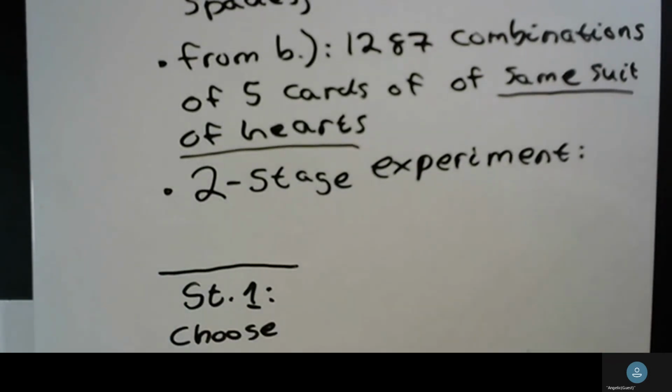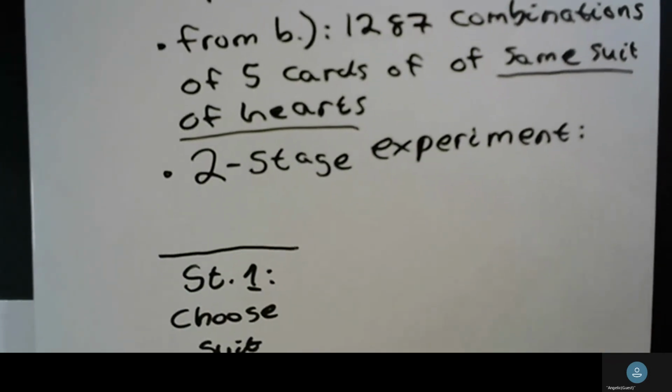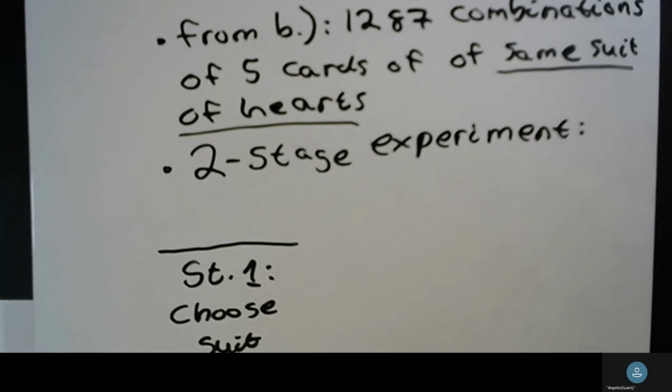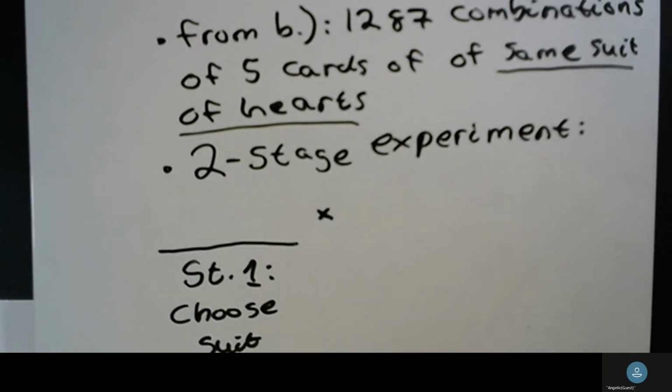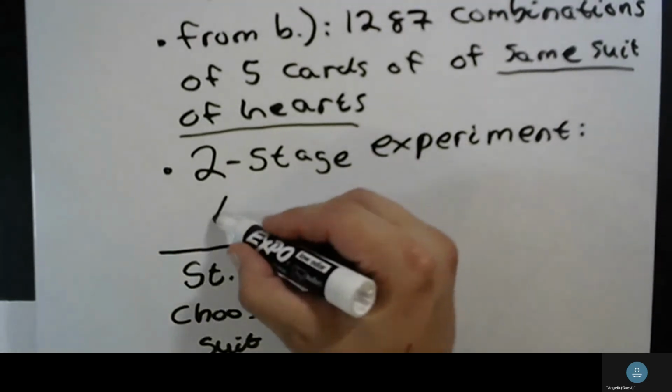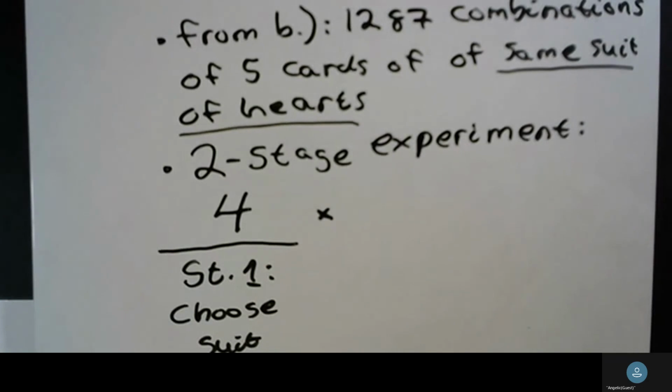Now that's what's different from part B. In part B, the suit was already chosen. It was hearts. But here, we have to choose the suit. So how many possible outcomes are there for choosing a suit? Well, there's 4 suits. So that means there's 4 possible outcomes for choosing a suit.